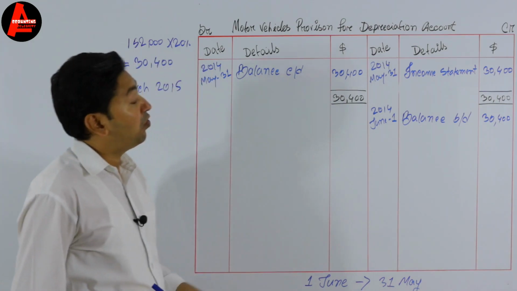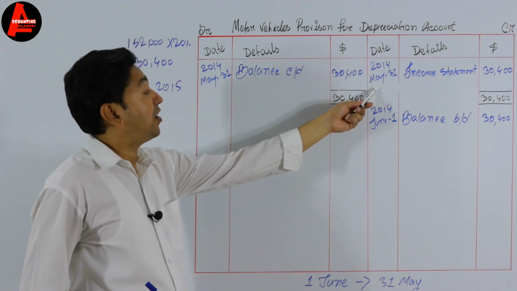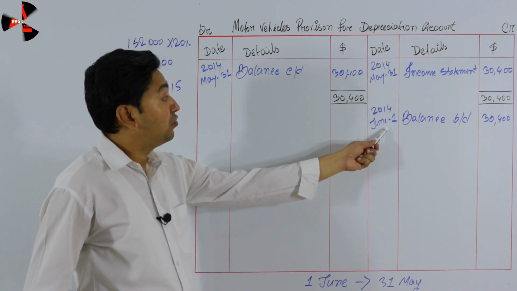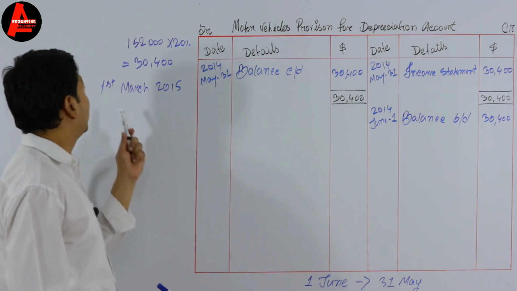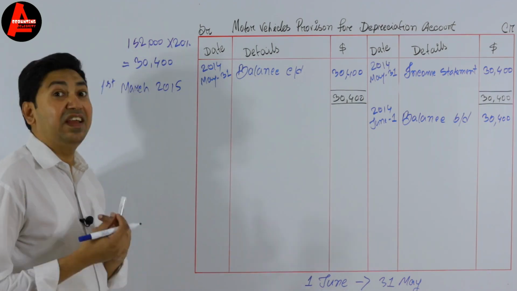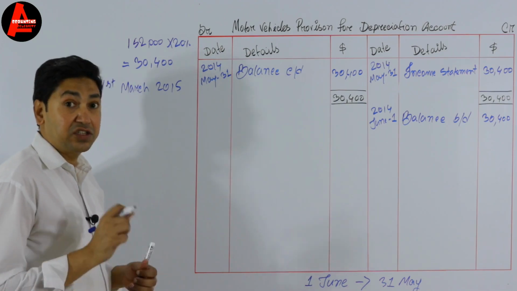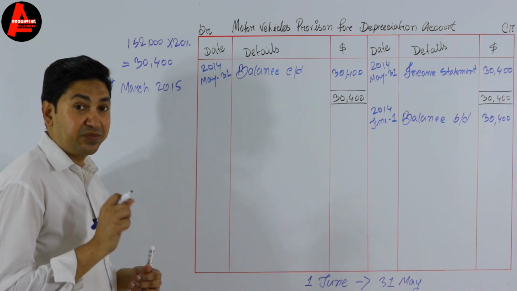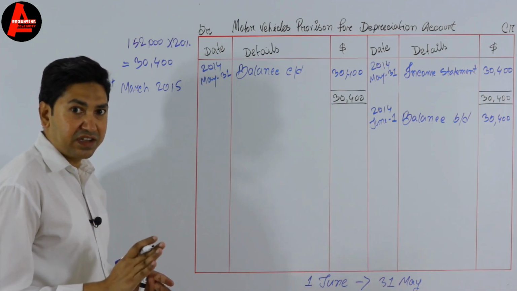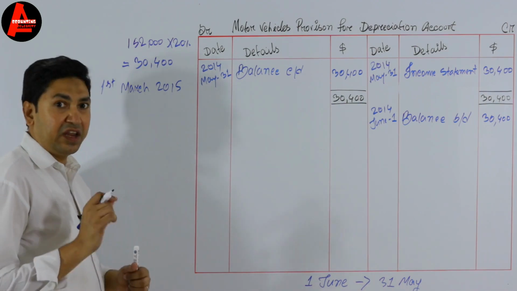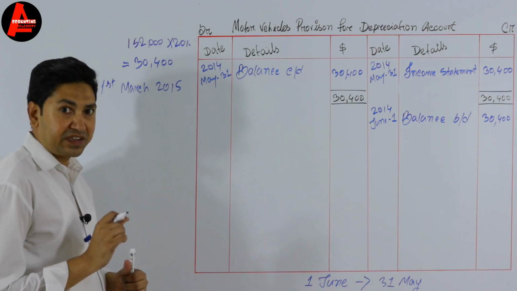Now from 1st June 2014 to 1st March 2015, how many months? It is 9 months, right? So this old motor vehicle was in the business for 9 months. Then after 9 months, on 1st March, the new one is purchased.